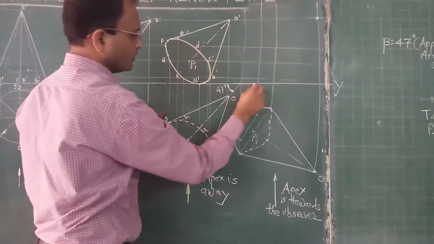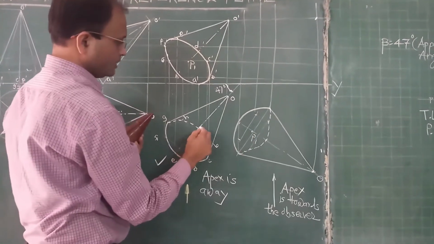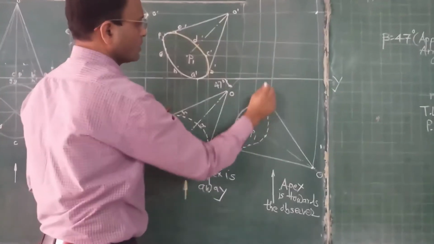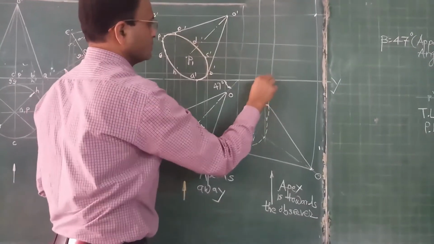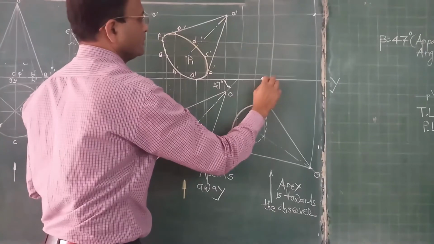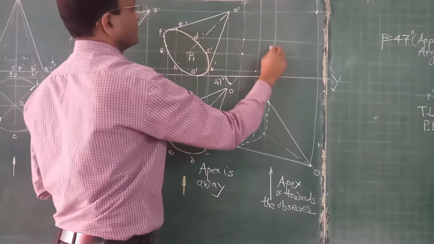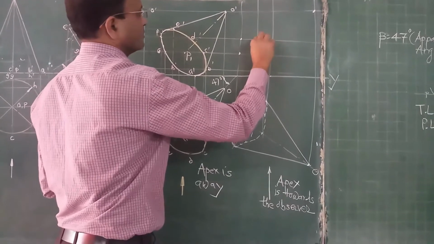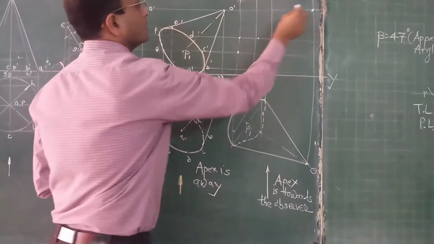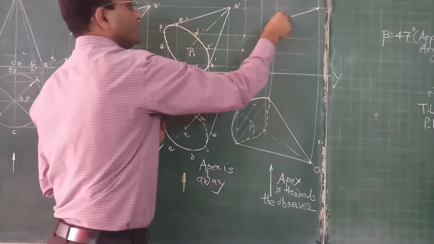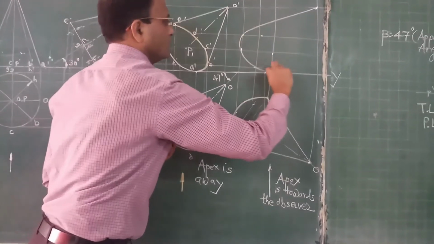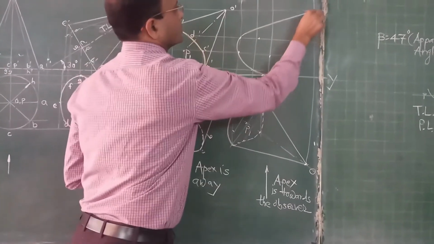Here point A will go this way, so we will get the point something like this. Ultimately, while joining this view, we will have to join the points like this.